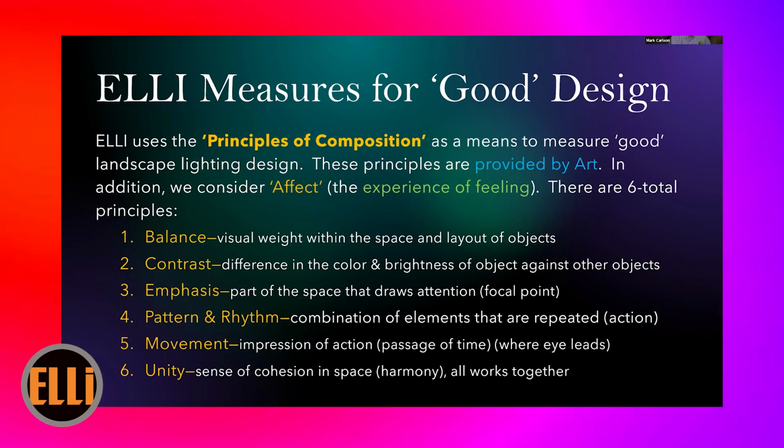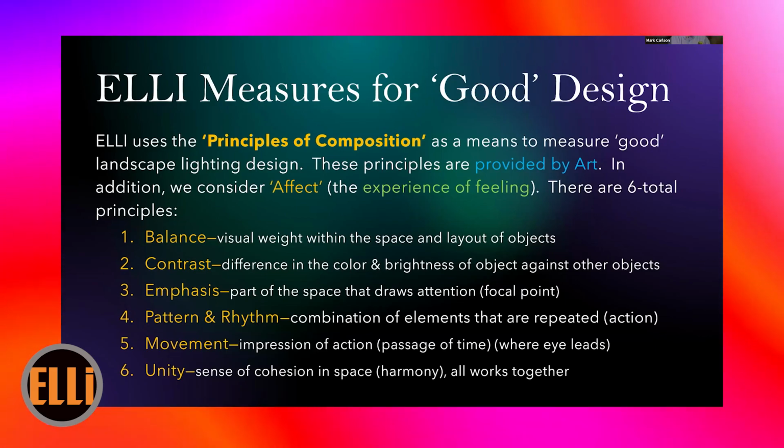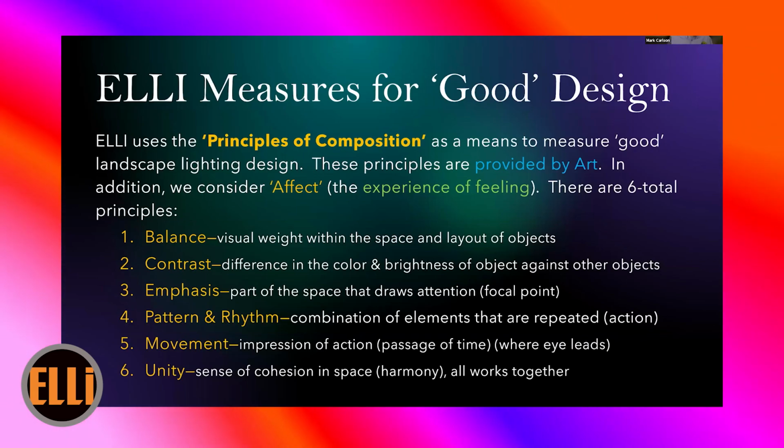Emphasis, which we've all heard of, is the same as focal point. What is the part of the space that's drawing the most attention? Ideally, we need to know this when we're designing properties so that we can direct the attention to that element. Typically it'll have the greatest contrast, and it's easy to spot.